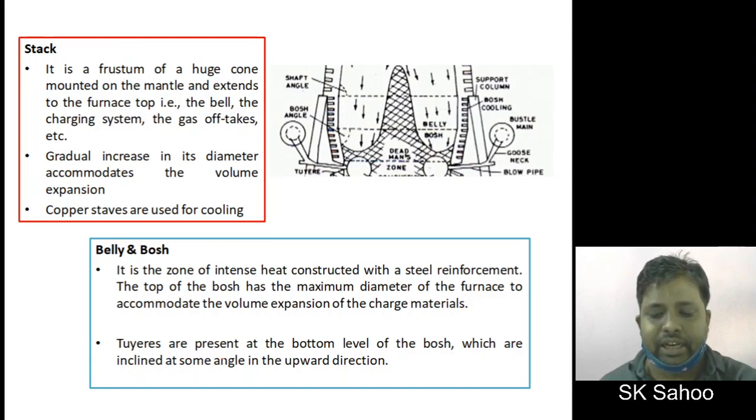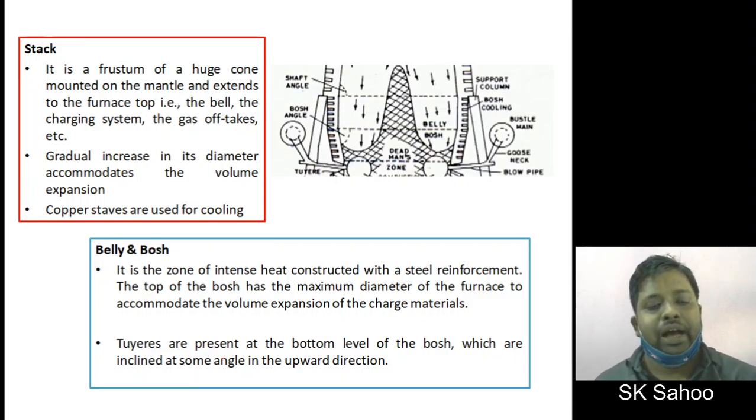It is tapered out to accommodate the solid expansion of the burden. As the blast furnace is a counter-current reactor and temperature increases from top to bottom of the stack, the conical construction is able to accommodate the volume expansion of the solids.